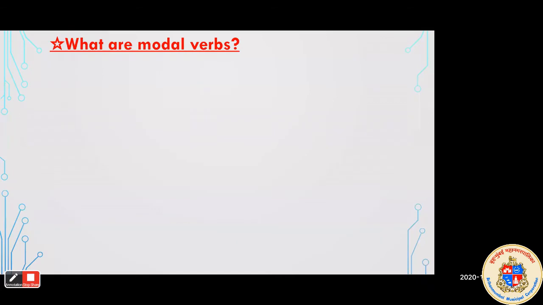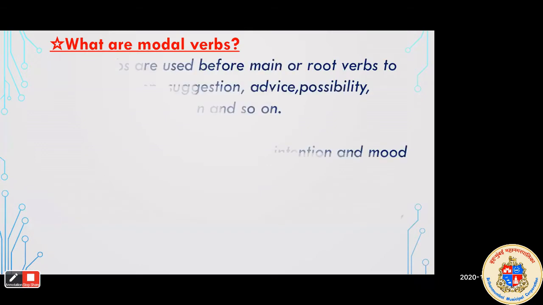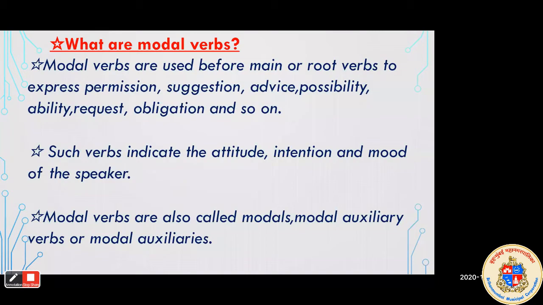Modal verbs means, you can see here that important definition of the modal verbs. The modal verbs are used before main or root verbs to express permission, suggestion, advice, possibility, ability, request, obligation, and so on. So we use the modal verbs with the main verb in the sentence to express these functions.